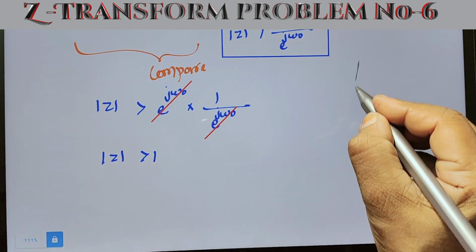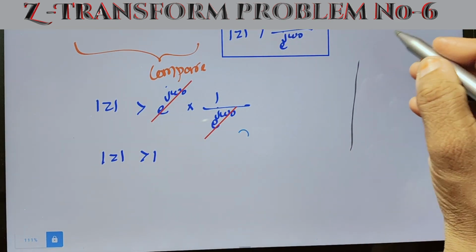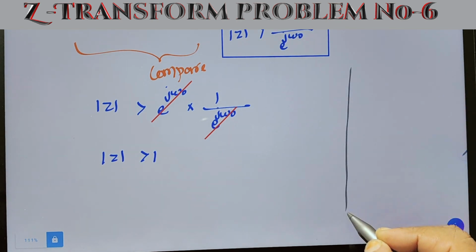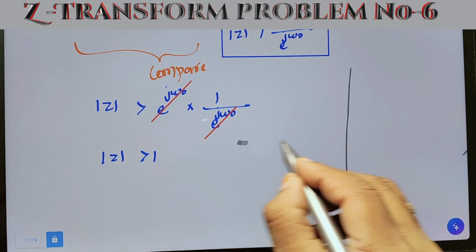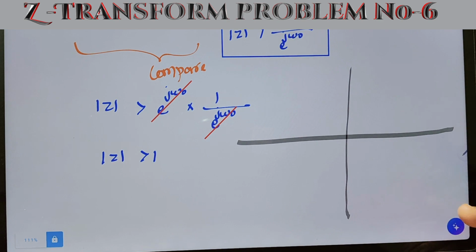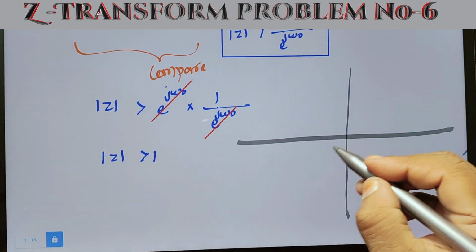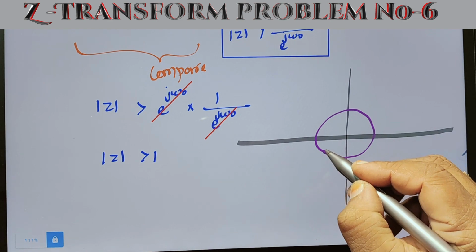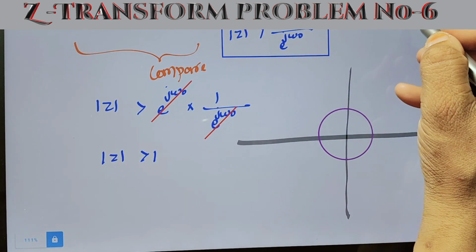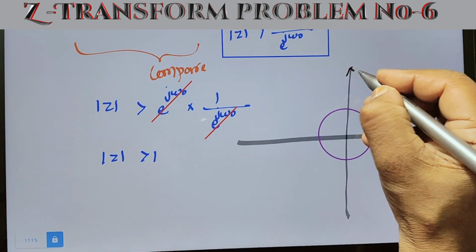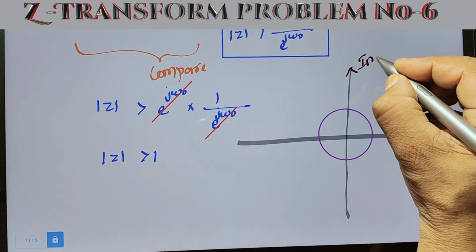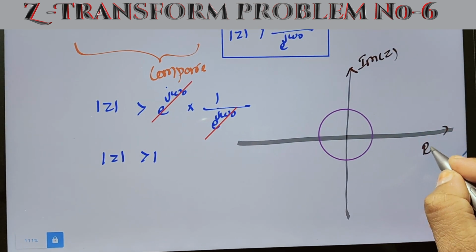Then draw the ROC plot. This is the y axis, this is the x axis. Then draw the circle, the ROC circle. This is the imaginary part of z, this is the real part of z.